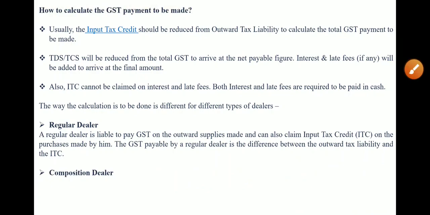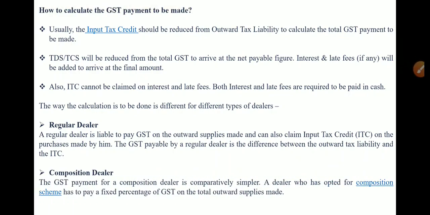And next, the composition dealer. The GST payment for a composition dealer is comparatively simpler. A dealer who has opted for the composition scheme has to pay a fixed percentage of GST on the total outward supplies made.